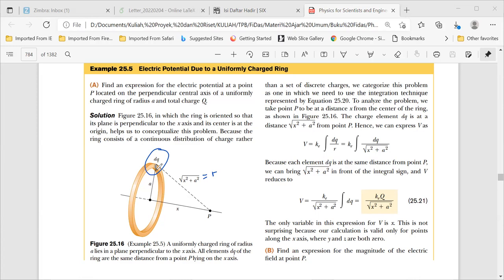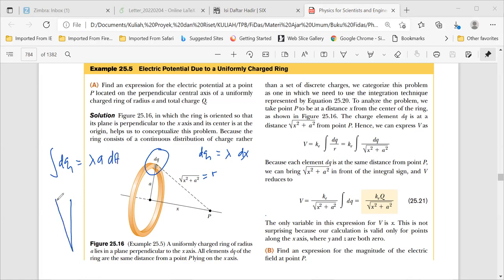So dq is lambda dx. If we integrate, Q is equal to lambda a times d theta.